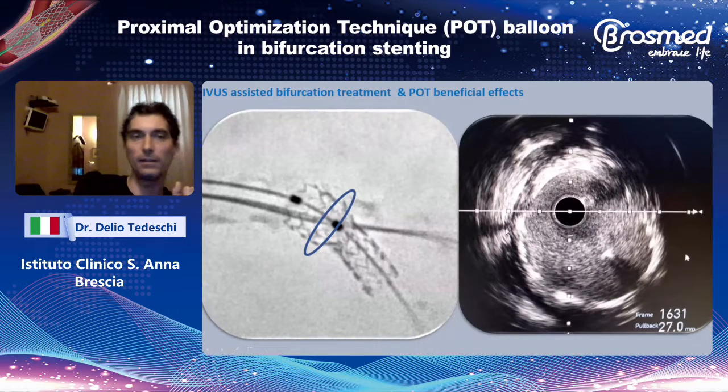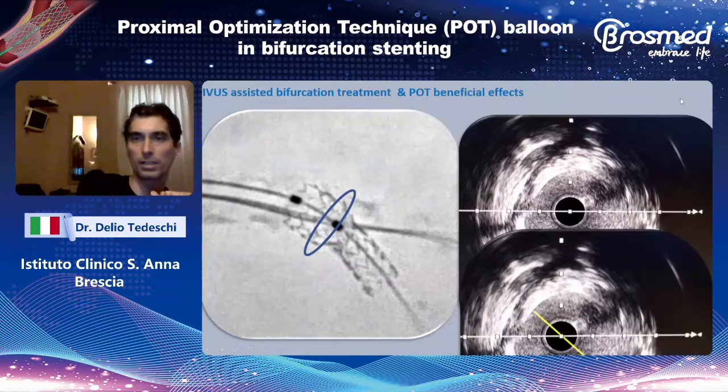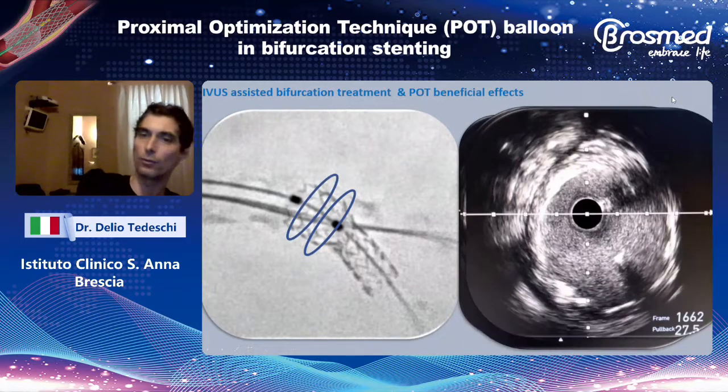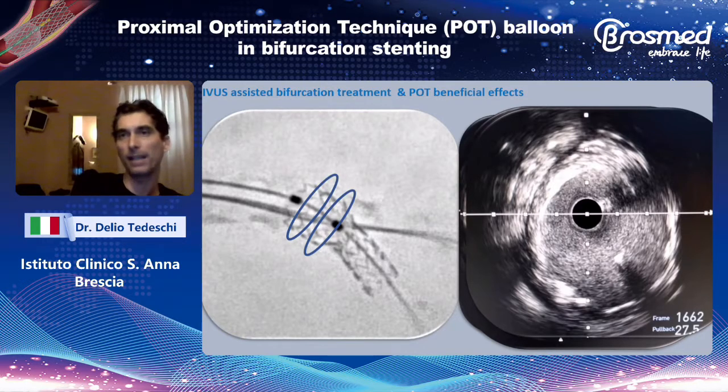We can see here the stent before the bifurcation. This was the diameter, exactly 4.5 millimeters at this level, and even more proximal. The result was very, very good. So the apposition of the drug-eluting stent at the level of the aneurysmatic portion was very, very good.